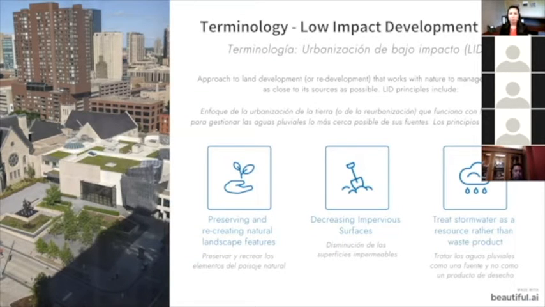Low impact development is an approach to land development or redevelopment that works with nature to manage stormwater as close to the source as possible. So now we're talking about preserving and recreating natural landscape features, decreasing our impervious surfaces, and treating stormwater as a resource rather than a waste product, which is how it has been treated in the past.